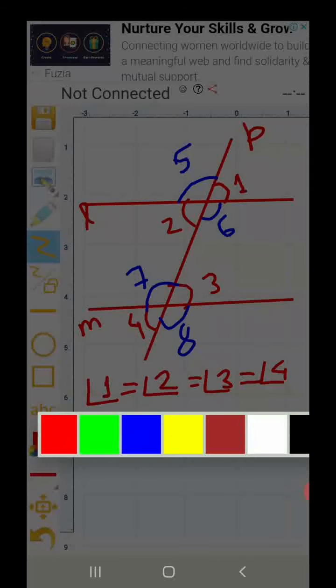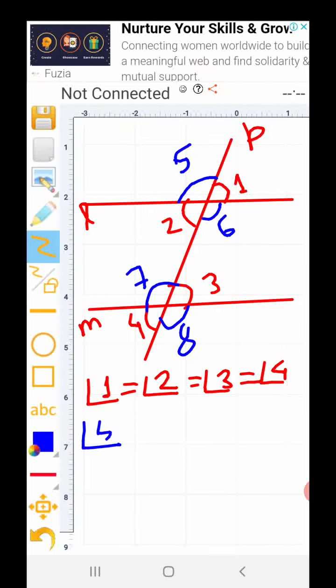Similarly, 5, 6, 7, 8. Okay. 1, 2, 3, 4 are always equal and 5, 6, 7, 8 are also always equal. So among these, if we know any one angle, then we can easily find the other angles. If we know any one value, we can easily find the other values.